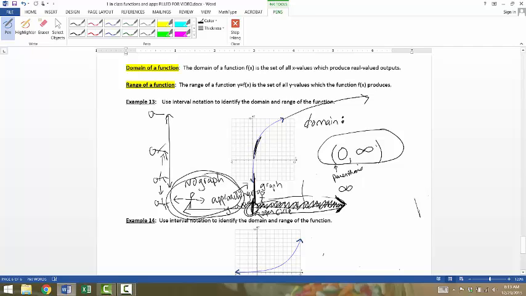And you go up higher, yep, still graph. You could walk up and down forever from positive infinity down to negative infinity, and there's graph everywhere. The graph exists for all y values. So the range of this function is from negative infinity up to positive infinity. The range of this function is all real numbers.